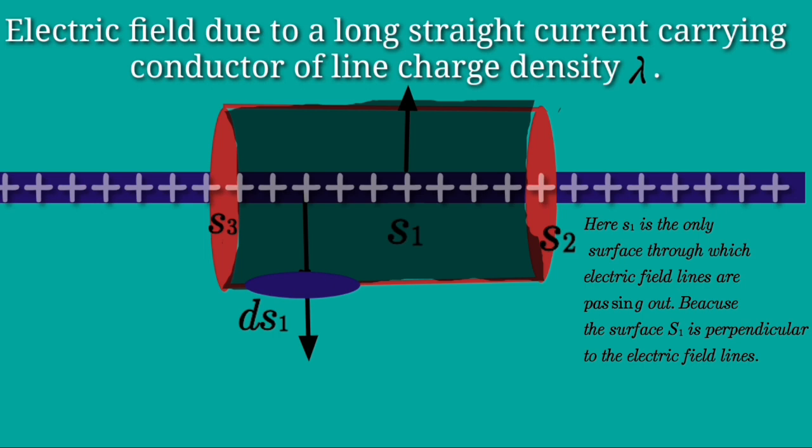Here the field lines are passing only through the surface S1 because the surface S1 is perpendicular to the field lines. But the surfaces S2 and S3 are parallel to the field lines. So no electric field lines are passing through these surfaces.